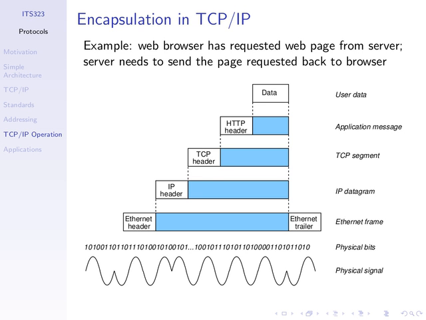The physical layer thinks, okay, this is a sequence of bits that I need to transmit across a link. So the physical layer has a sequence of bits, whatever they are, representing all of this information, and transmits a signal across the link, the cable it's connected to. This is some signal, some electrical signal, for example.